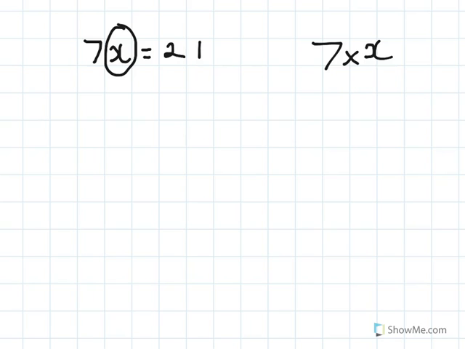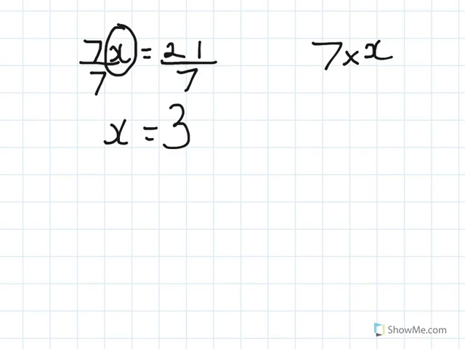So we divide the 7 by 7. Whatever we do to the left-hand side, we must do to the right-hand side. So it would be 21 over 7, and x equals 21 divided by 7, which equals 3.